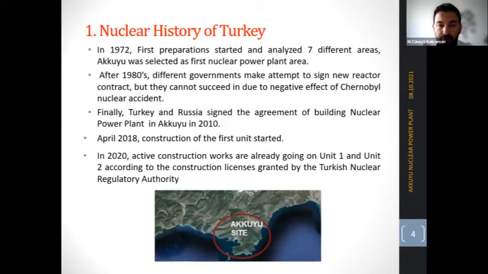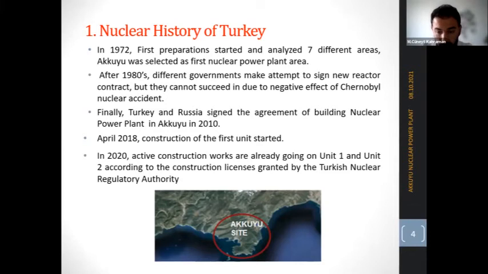Finally, in 2010, Turkey and Russia signed an intergovernmental agreement to build a nuclear power plant in Akkuyu in Turkey. In 2018, the construction of the first unit started, and by 2020, we know that Unit 1 and Unit 2 construction works were already going on, according to construction licenses.